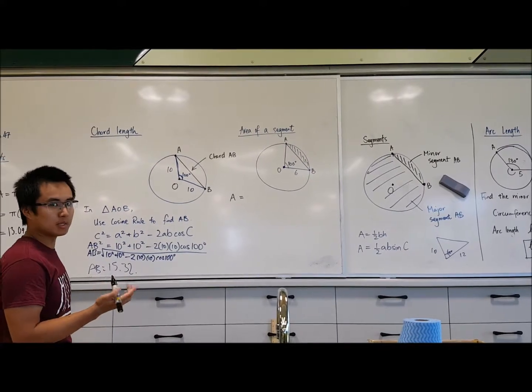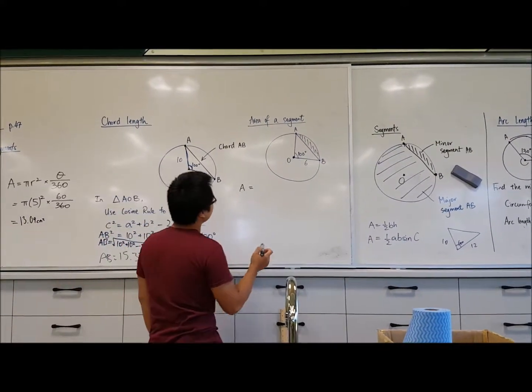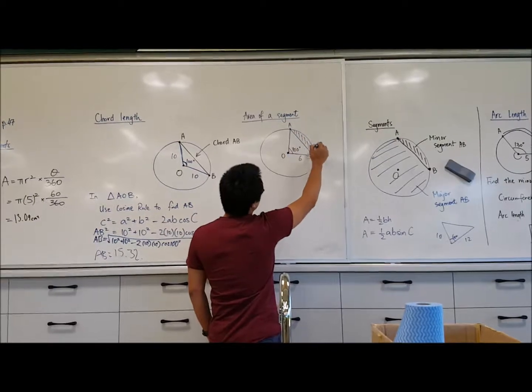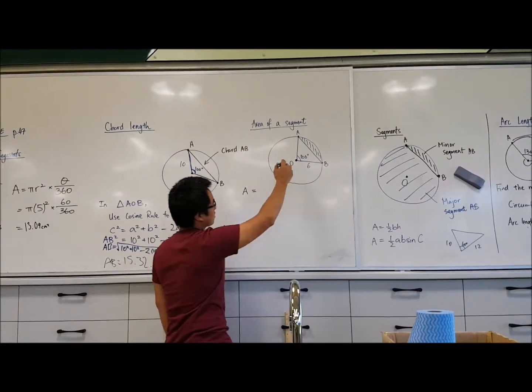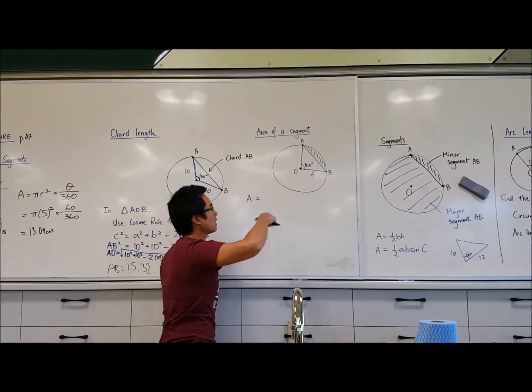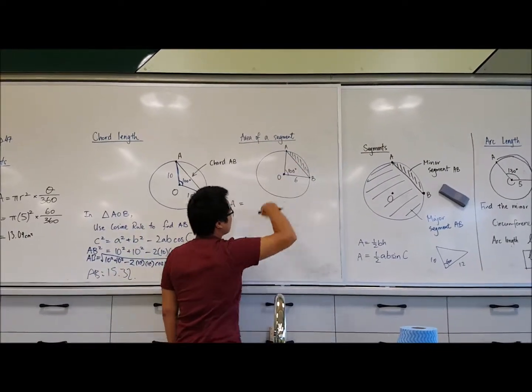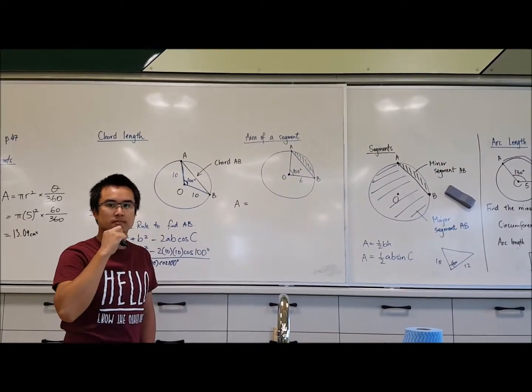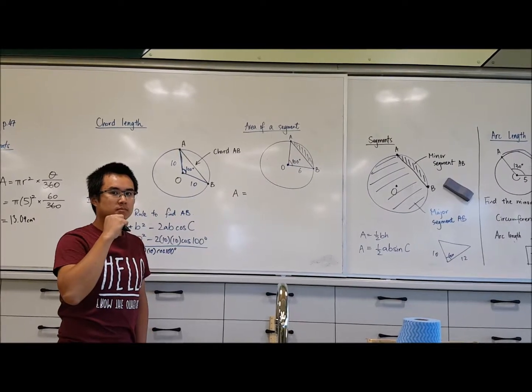there's no easy formula to work it out directly, but I can work out the sector area. Remember, the sector is just like the slice of the circle. So if I work out the area of the sector and subtract, what do I subtract?